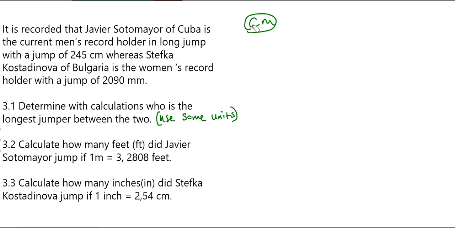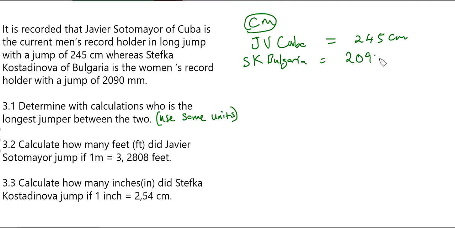Okay, so if you are to use centimeters, let's look at Javier from Cuba. He is 245 centimeters. Then let's look at Stefka Kostadinova of Bulgaria. Bulgaria is going to be equal to 2,090 divided by 10.